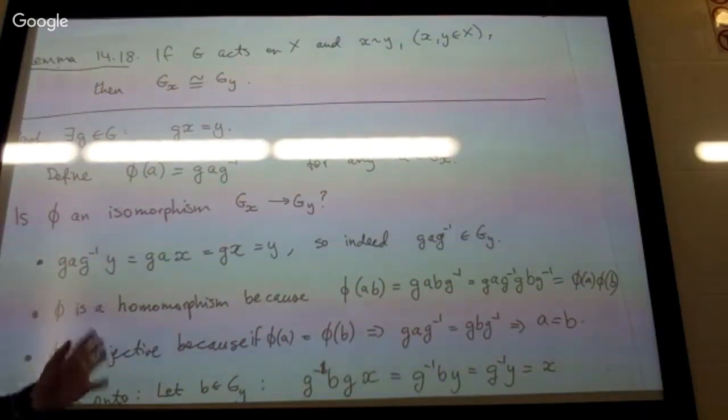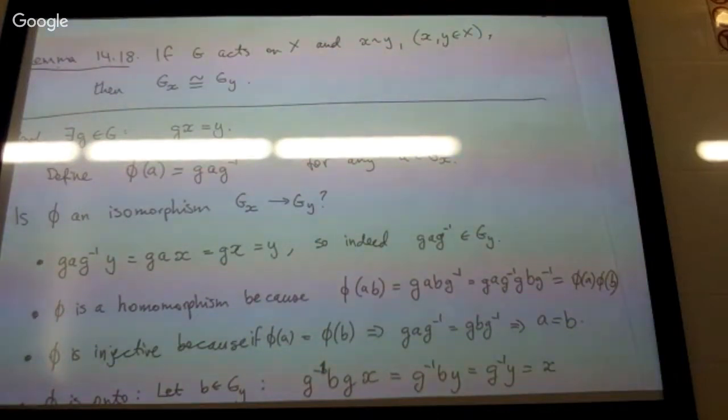In fact, for the proof we only need that their stabilizers have the same size. But we proved that they're isomorphic because it's not much harder to prove that there's a bijection which preserves the group structure than to just prove that it's a bijection.